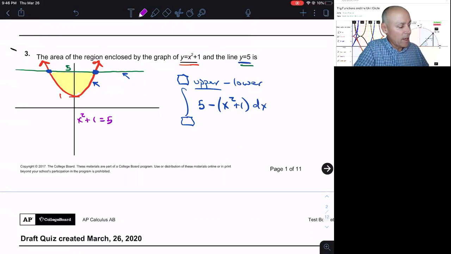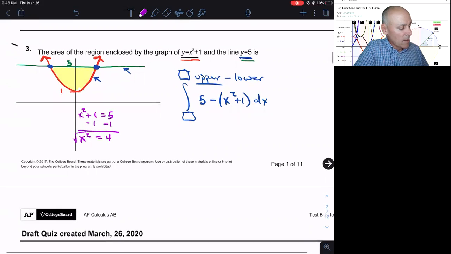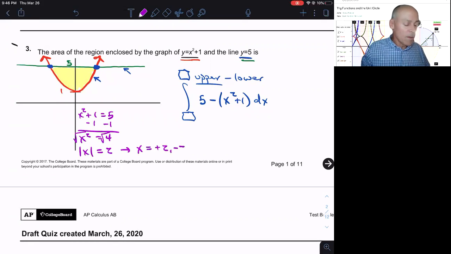I'm just going to solve for x, subtract 1 from both sides. I get x squared equals 4. So I'm going to take the square root of both sides. The square root of x squared is the absolute value of x, equal to radical 4, which is 2. So my answer is x equals positive 2, x equals negative 2.